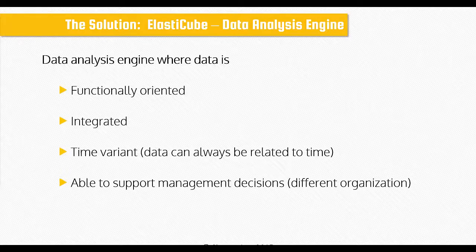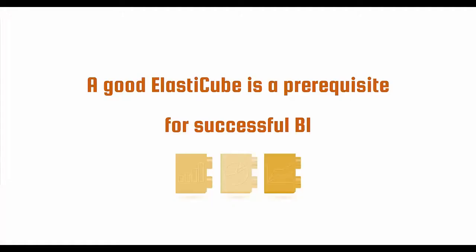We are doing all of this in the Elasticube. And remember, guys, a good Elasticube is a prerequisite for successful BI. So it's very difficult to go back and change things. Very, very important to put emphasis on good data models.